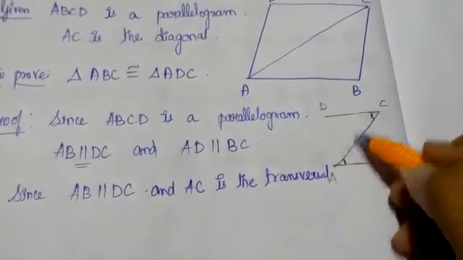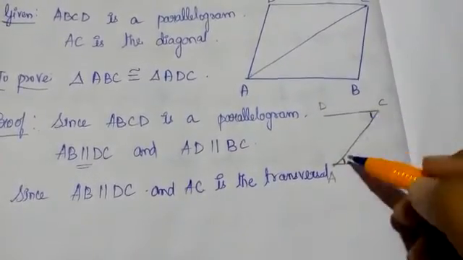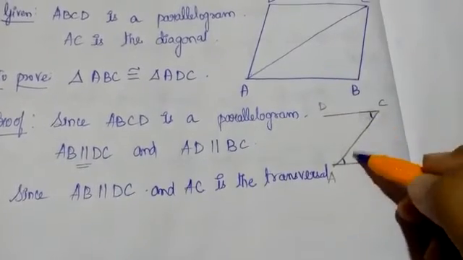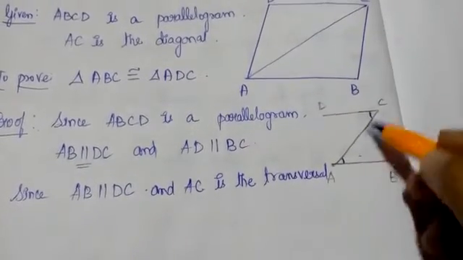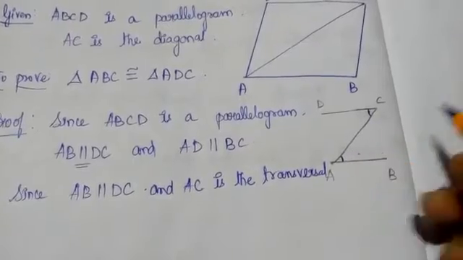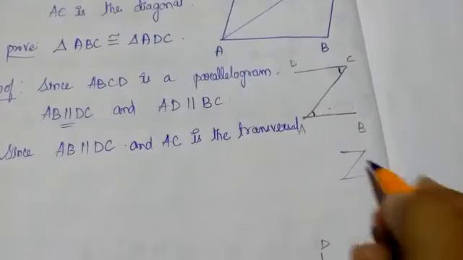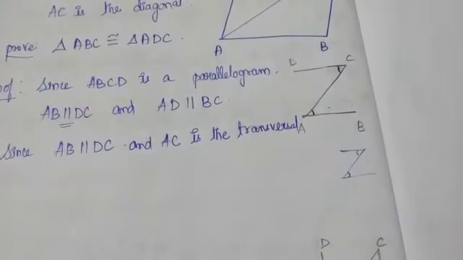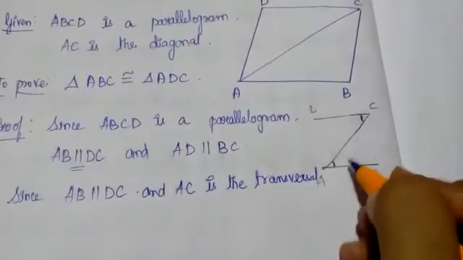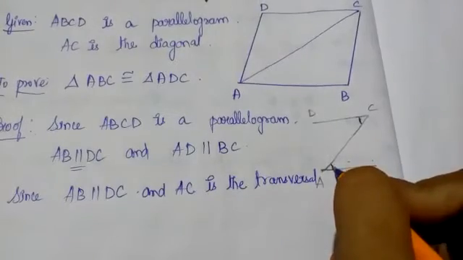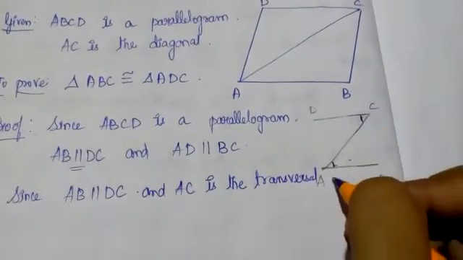So they are called alternate interior angles, and alternate interior angles are always equal. You can remember one more thing: alternate interior angles are always in a Z shape. So angle A and angle C are alternate interior angles, and they are equal.